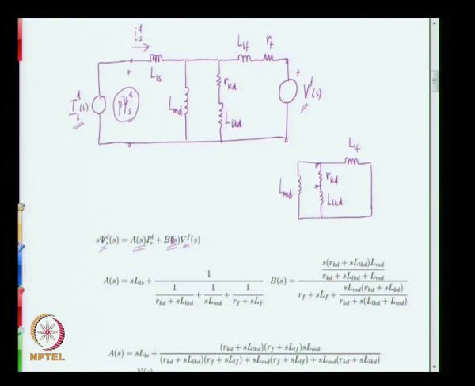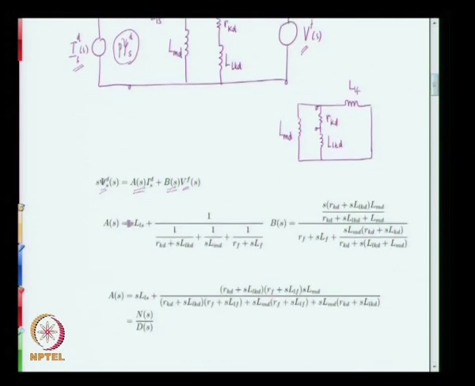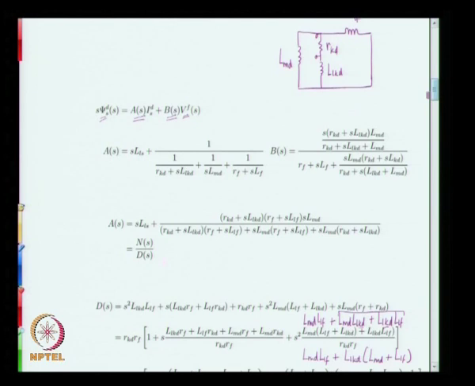So Vf into another transfer function B represents this, and for these two we then obtained these expressions, that is A of s and B of s, and we started looking at this function A of s as we have written here. Simplified, it gives the numerator and denominator, and we took up the denominator alone first for detailed study.